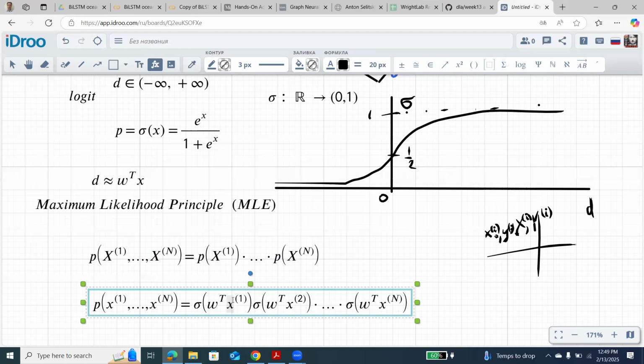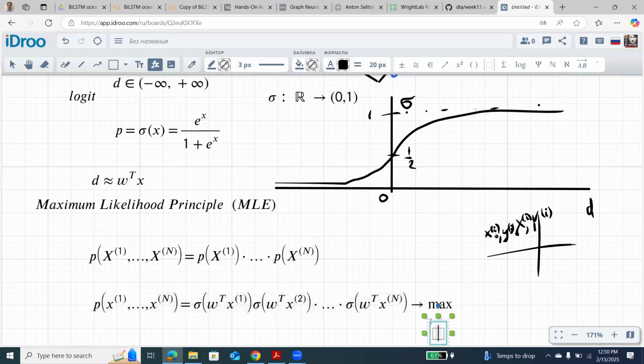Of course, we want to find the parameter W such that the observed probability of the data is maximal. So we want to maximize this function. This function is called likelihood, and that's why it's called the maximum likelihood principle. We want to maximize with respect to the parameters of our model.